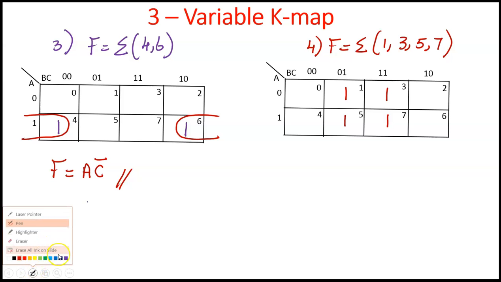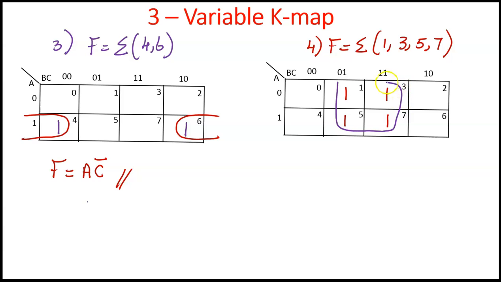So in a quad group, we can make all these a single grouping. The expression for this quad group is nothing but: here A is changing, B is also changing, whereas C is not changing. Therefore, the expression for this is nothing but C.